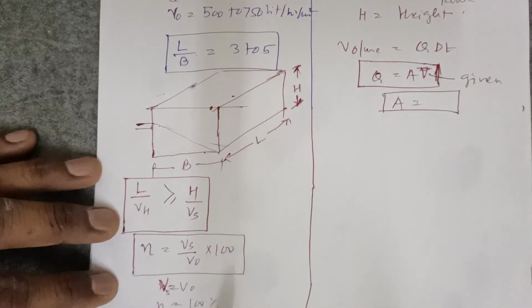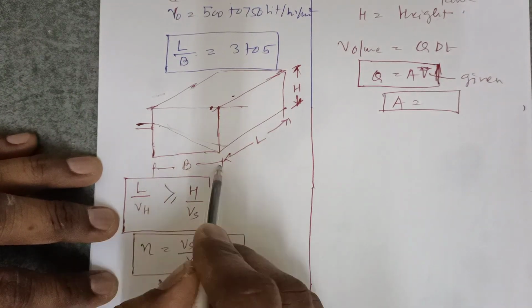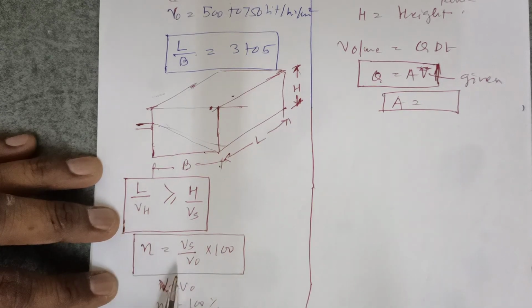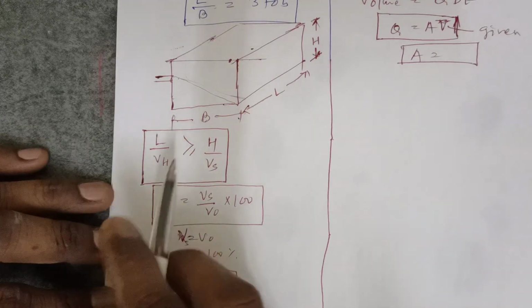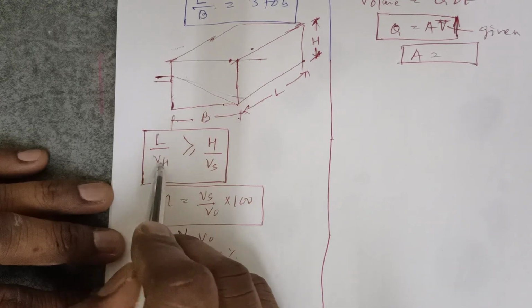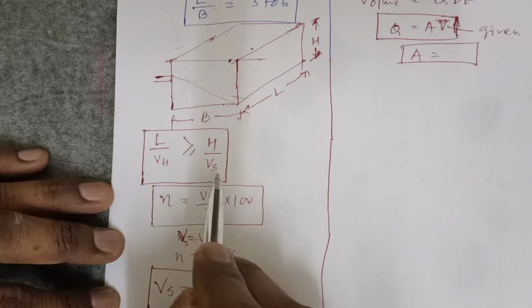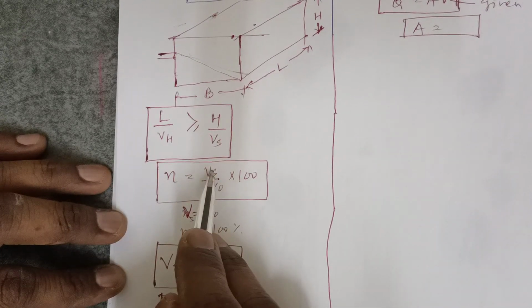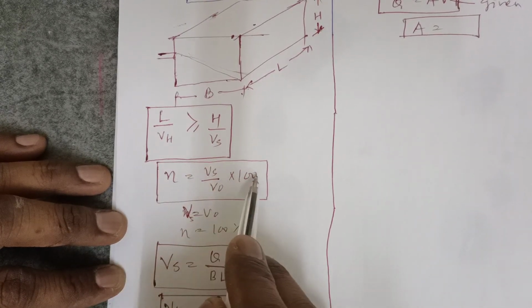So here we had seen next, this is the breadth, this is the length, and this is the height of the tank. After that we had seen the ratio L upon B is greater than or equal to H upon VS. Similarly, we had seen the formula for efficiency, VS upon V0 into 100.